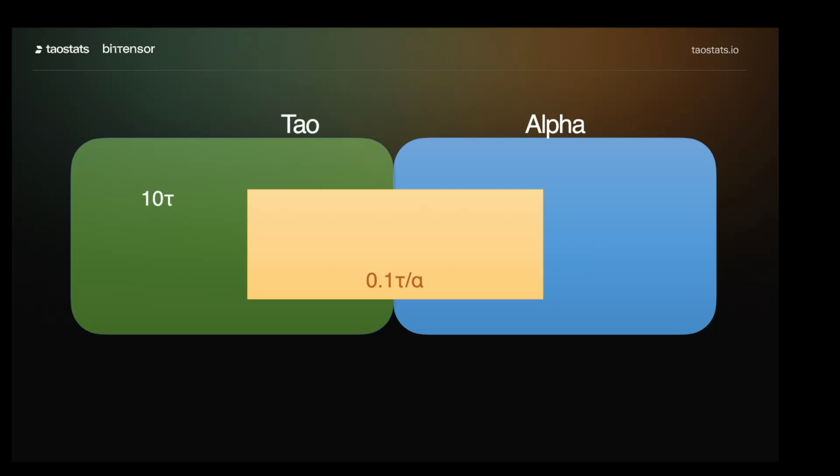As an example, if you have 10 Tau and you want to buy Alpha, you put in a buy order with that 10 Tau. It goes into the liquidity pool. And if the price is 0.1, you might assume you'd get 100 Alpha, but because there's slippage and other things, you get 97 Alpha through the liquidity pool. If you have questions about slippage and what that means, I'll post a link to a video in the comments below.